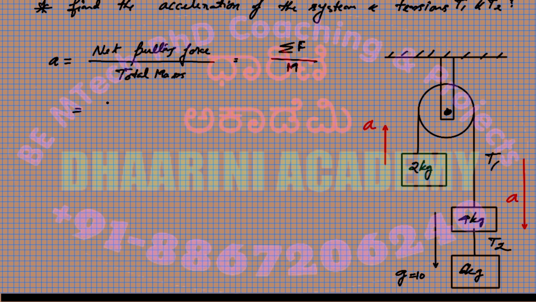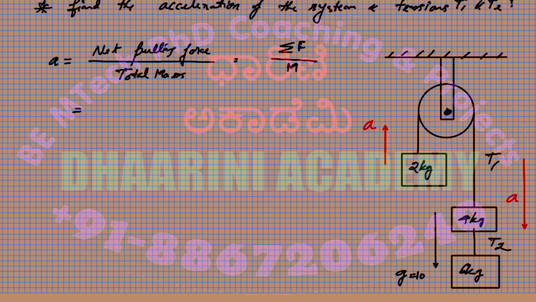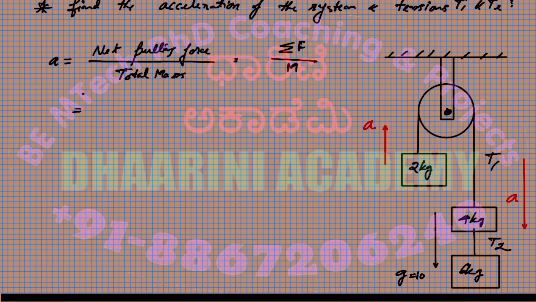For this problem, let's calculate the net pulling force. Since the 4 and 6 kg blocks are on one side, and the weight of the 2 kg block is on the other side, the net pulling force is the force automatically generated by this system without any external force, that is m into g. So 4 will be 4 into 10 plus 6 kg will generate 6 into 10, but the 2 kg is on the other side.